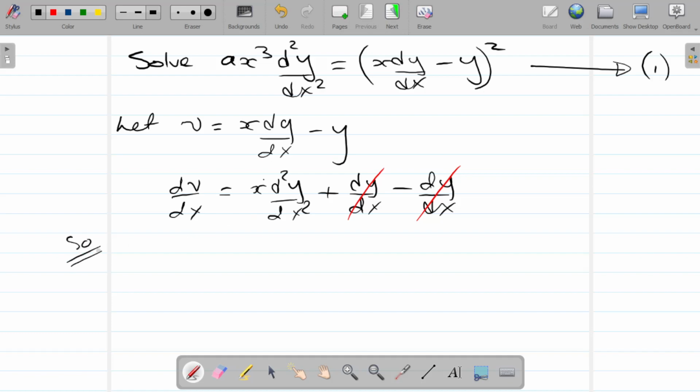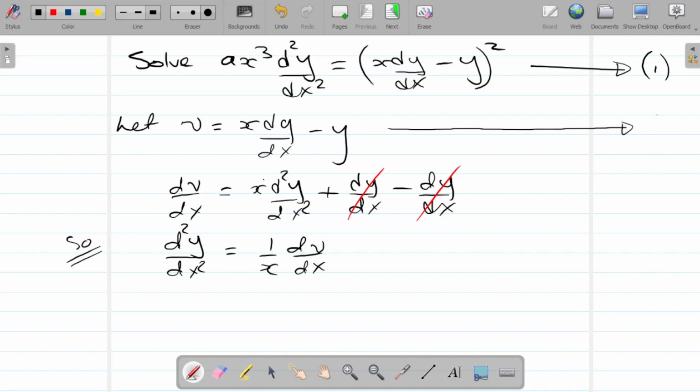So from this, we can deduce d squared y by dx squared is equal to 1 over x dv by dx, right? So I'll give these equations some label names. We'll call that equation 2, and we'll call this equation 3, right?